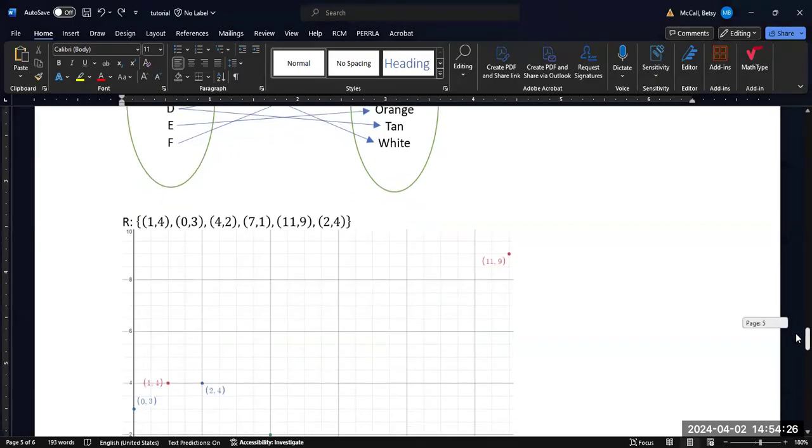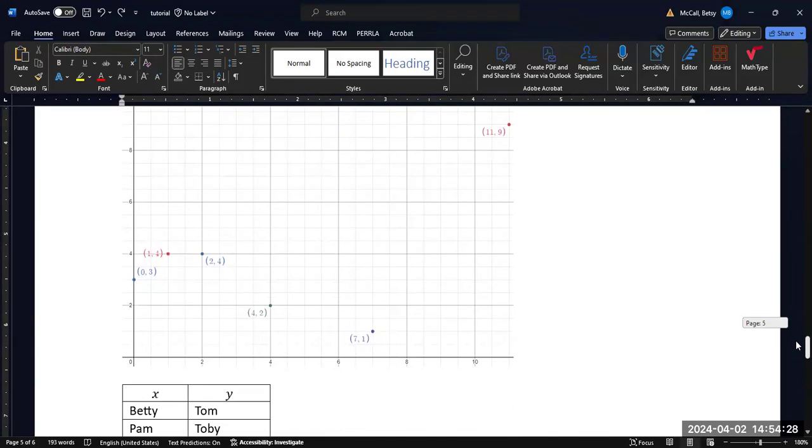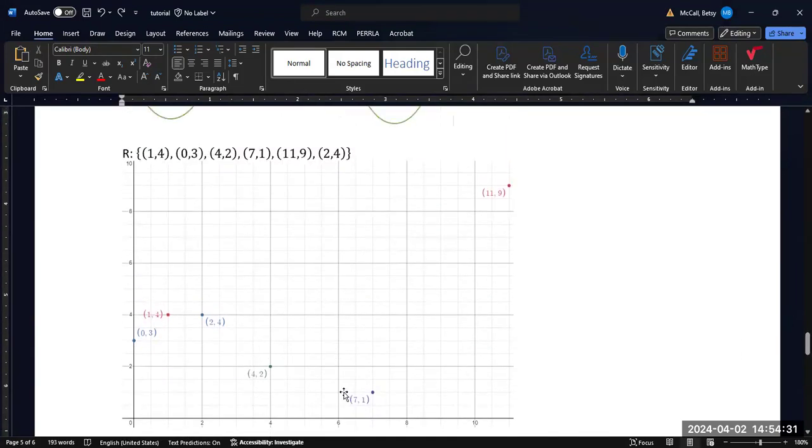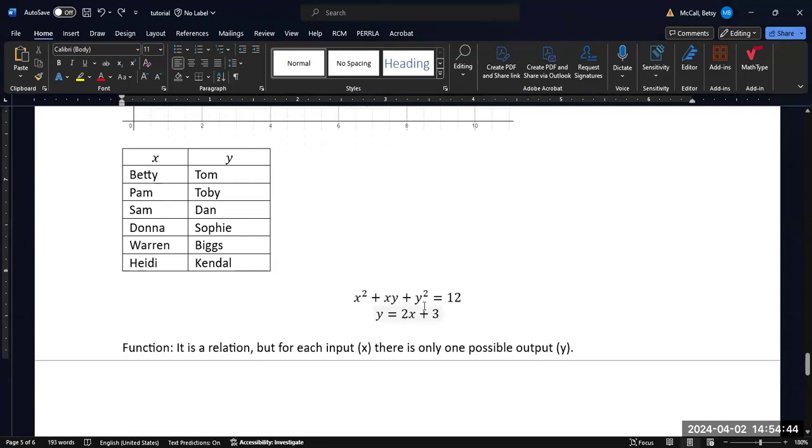Now, we mentioned with the list of points that if I'm thinking about this graphically, then I can look for any x value and I can see if there are 2 points that are associated with that same x value on the graph. I can actually do the same thing for equations.